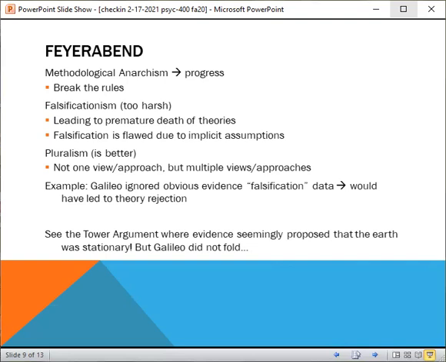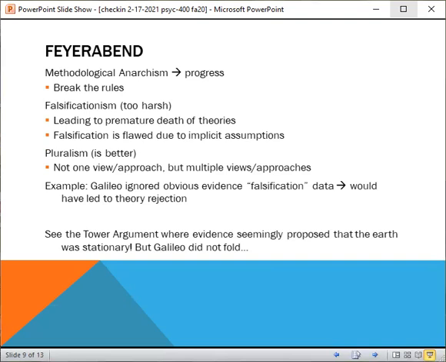So Feyerabend proposes this methodological anarchism that is required for science to progress. And falsificationism, he would say, was too harsh. The falsificationism that Popper had, and to an extent Lakatos, leads to premature death of theories.